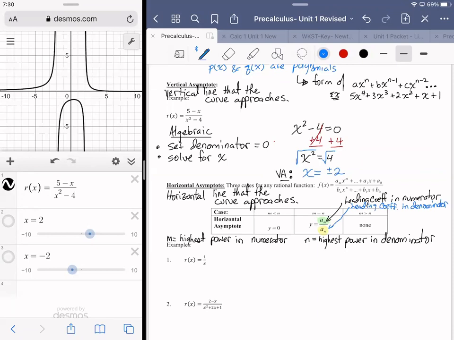All right. Those are the only things that are kind of unique to this approach. Once you identify those pieces of information, you'll be able to pick out your horizontal asymptote.